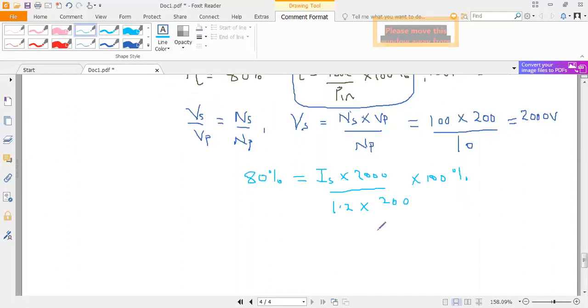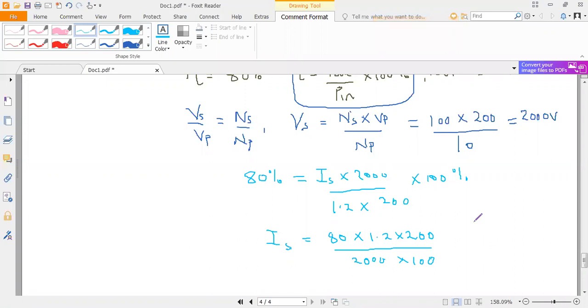If you make Is, the current in the secondary, the subject of the formula, we shall end up having 80 multiplied by 1.2 multiplied by 200, divided by 2000 multiplied by 100. When you calculate this to get the value of Is, please always pay extra attention when dealing with such calculations, because most people end up pressing values wrongly.